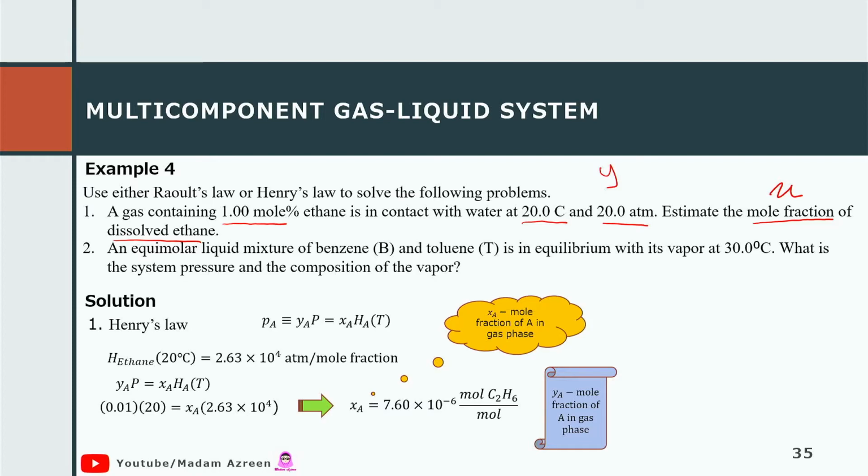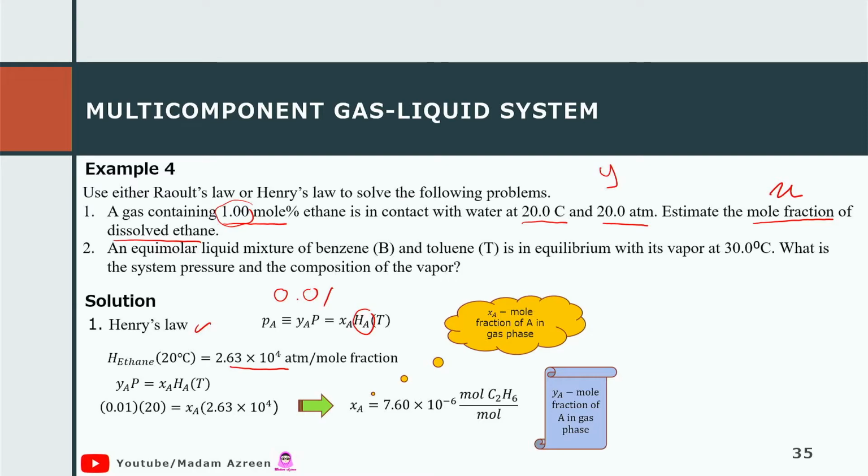Because the mole fraction is quite small, 0.01, which is close to 0, approaching 0, we use Henry's law. And this is the Henry's constant for ethane.